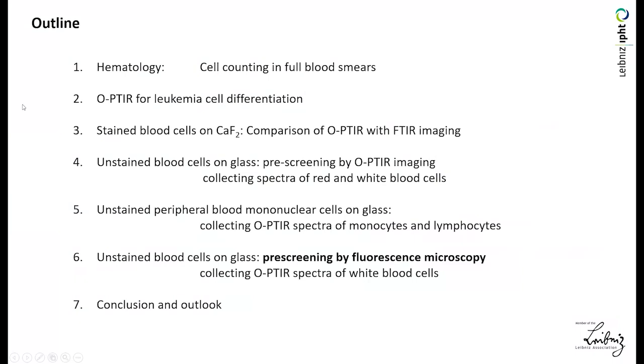And third, we studied stained blood cells on calcium fluoride and compared O-PTIR with FTIR imaging. The next topic was unstained blood cells on glass, where we did a pre-screening by O-PTIR imaging. Then we prepared a subfraction, the so-called blood mononuclear cells.